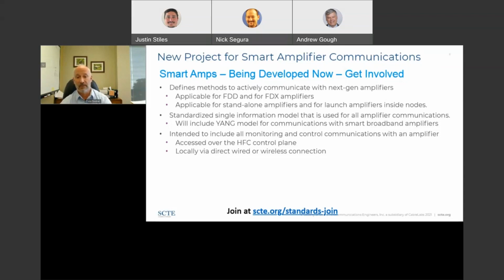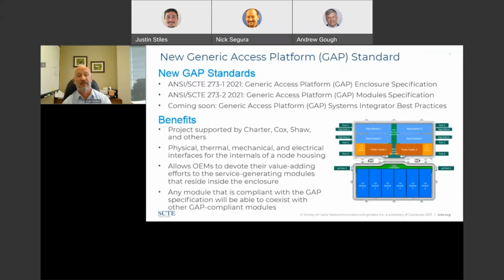And the last one I want to reference today is the Generic Access Platform. This work kicked off a little over 2 years ago with the goal of standardizing the outdoor fiber node enclosure. So it's standardizing the physical, the thermal, the mechanical, and the electrical interface for the internals that go into that node housing.